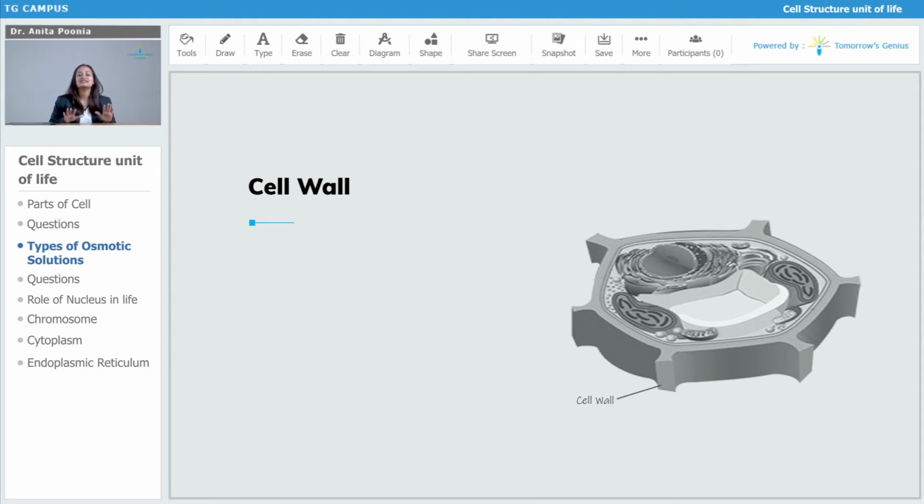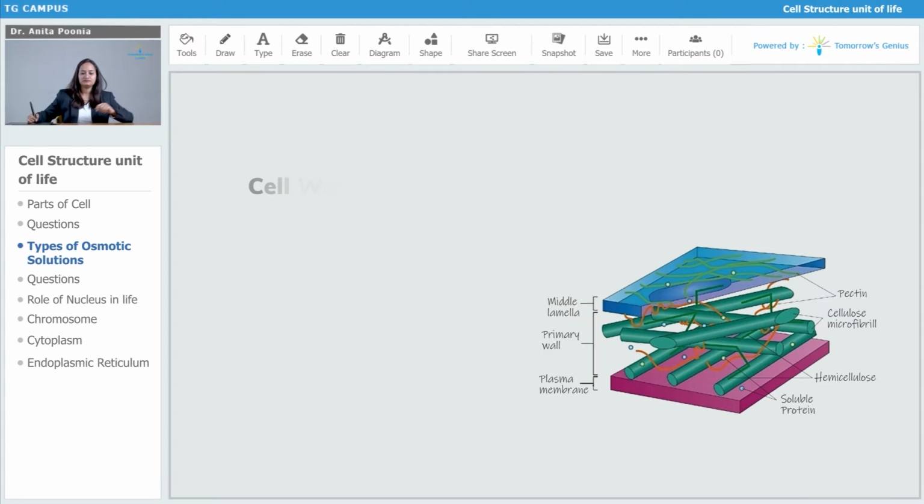So what is the cell wall? You know where it is present now. You see this plant cell image, right? And you see the cell wall. The cell wall basically gives shape to the plant cell. Let us try to understand more details about the cell wall. So, this is a cell wall. It's not a simple thing, okay?